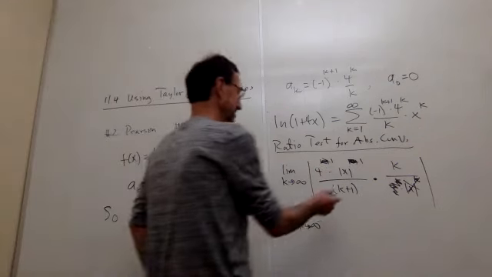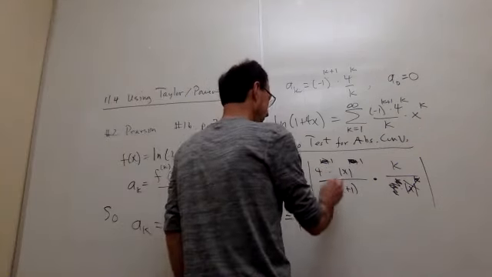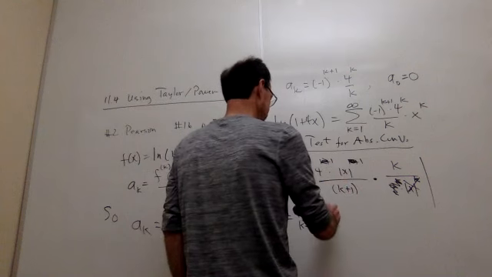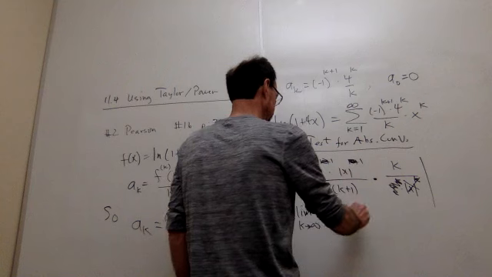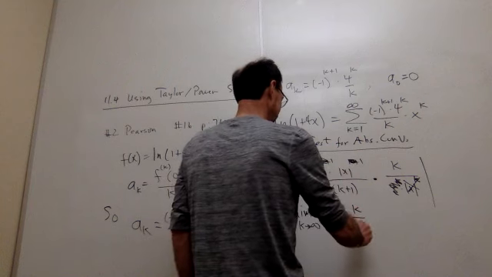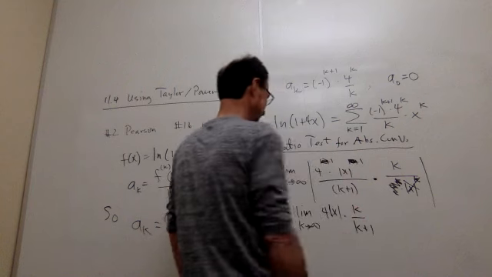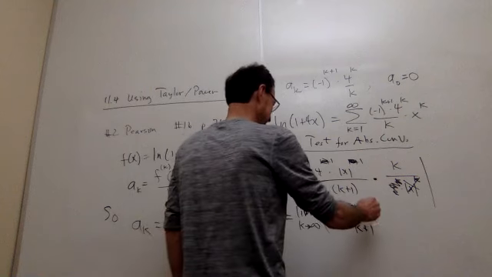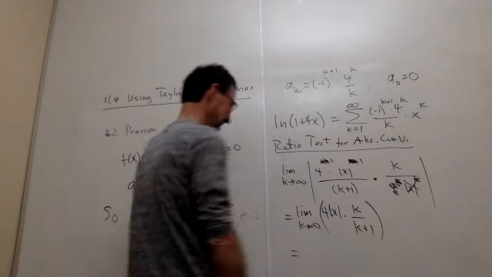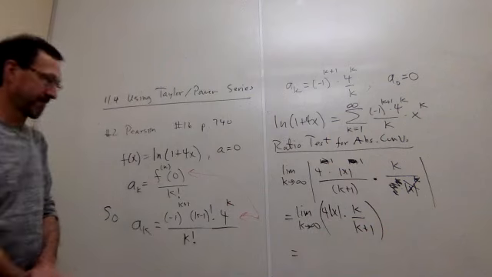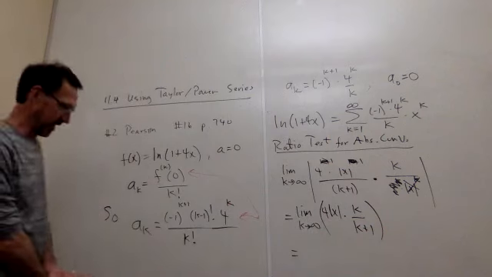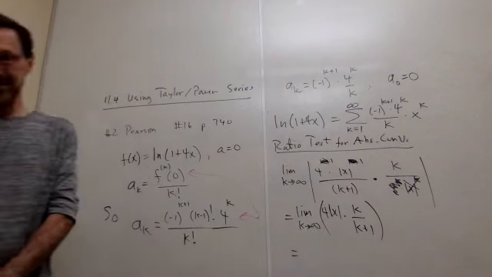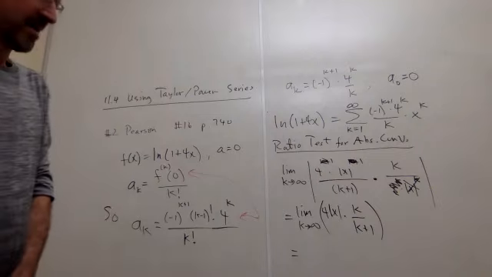Well, then I get 4 times the absolute value of x. And then let's pull out all the k's over here. I get that limit, times k over k+1. And what is that limit, Thomas?